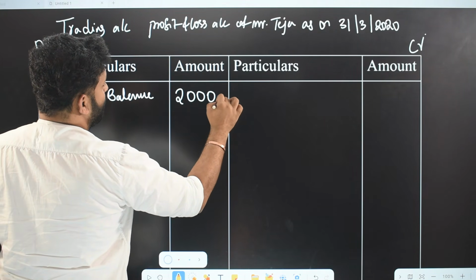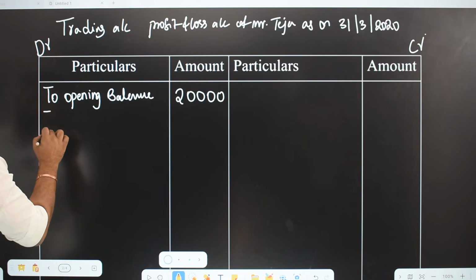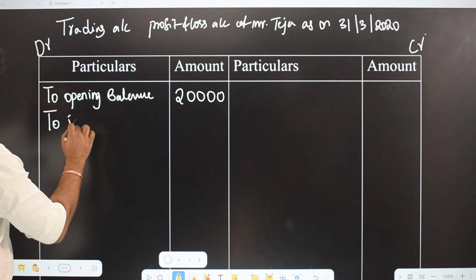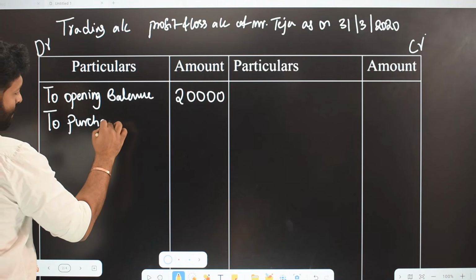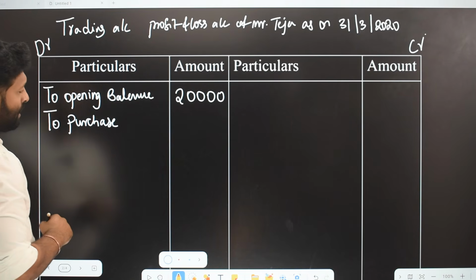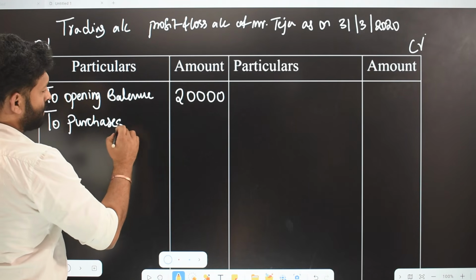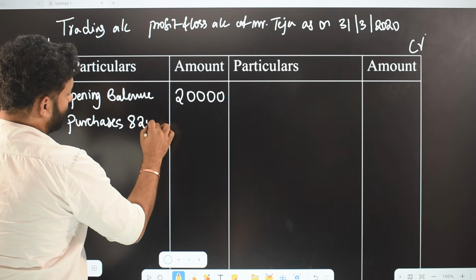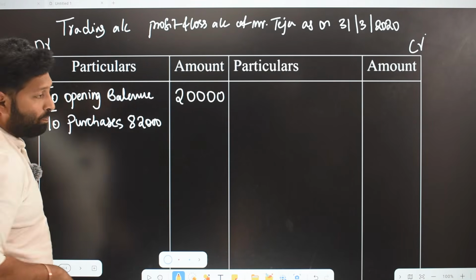Next purchases. Purchases kuda manaki trading account lo vastundi. To purchases. Debit side postings ki manamu 'To' anedi prefix ga vadali. To purchases 82,000.